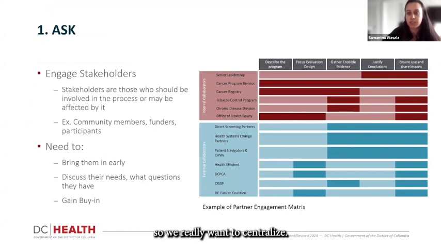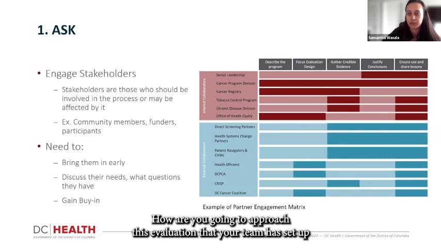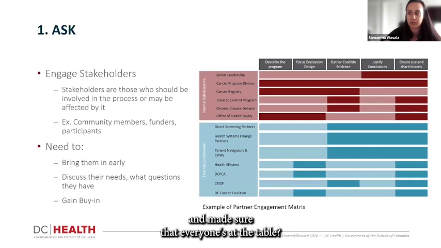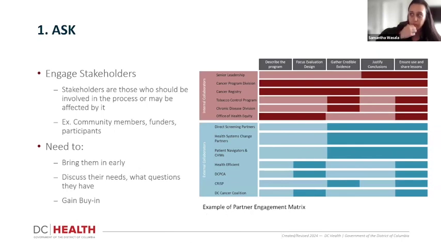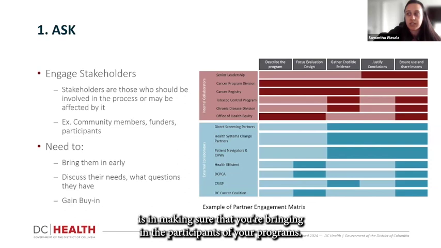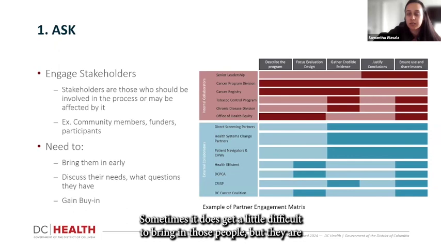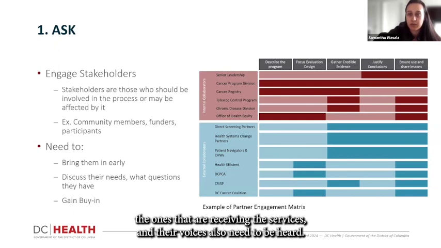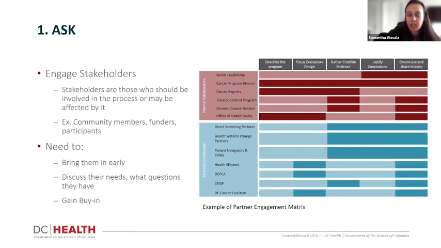So we really want to centralize how you are going to approach this evaluation that your team has set up and make sure that everyone's at the table. And the last thing to really consider is making sure that you're bringing in the participants of your programs. Sometimes it does get a little difficult to bring in those people, but they are the ones that are receiving the services and their voices also need to be heard.